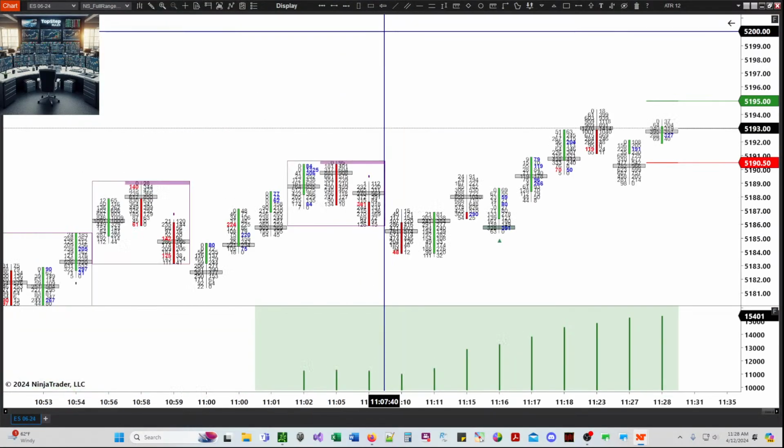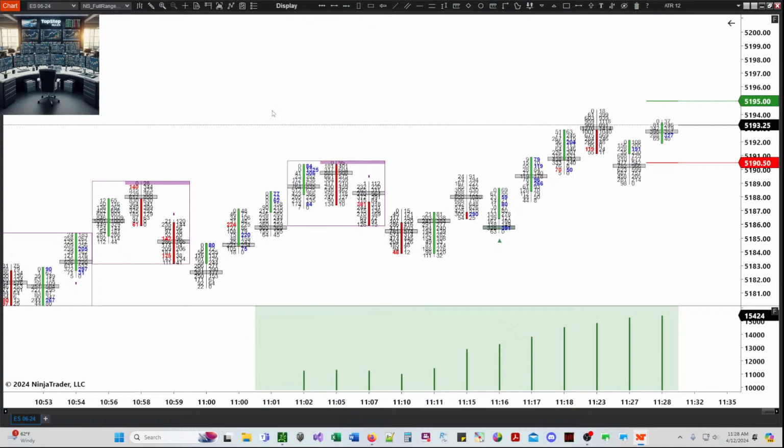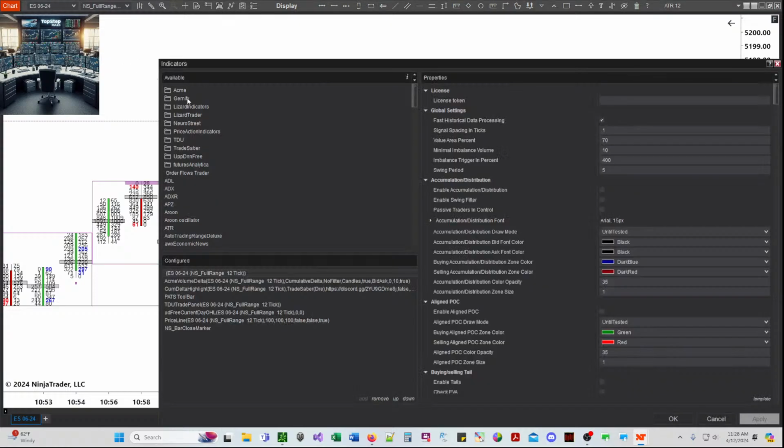I don't think that fair value gap would show on Mike Valto's chart either. Let me see. I just gotta see. Probably not. I'd be surprised if it does.